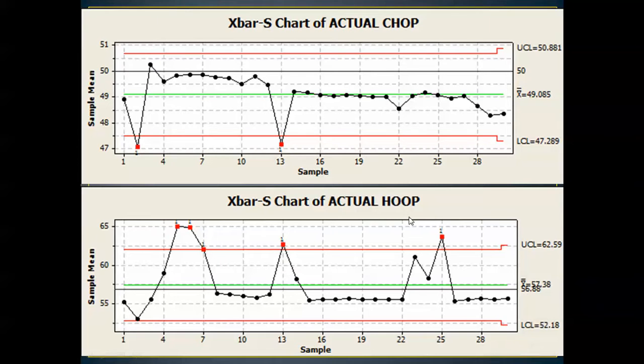For hoop, we are having almost similar values. The design value is 56.8. The actual average value is 57.38 kg per meter also.